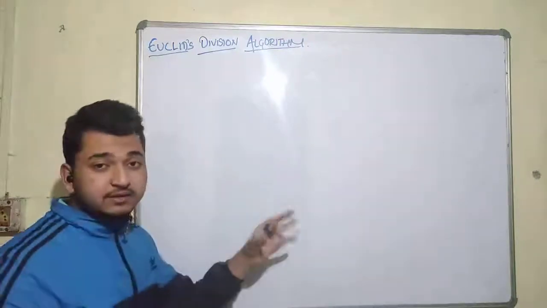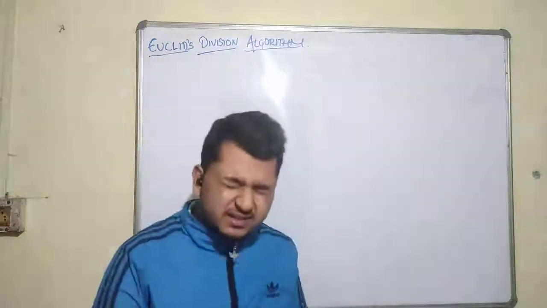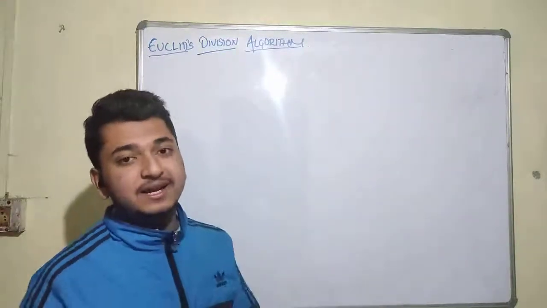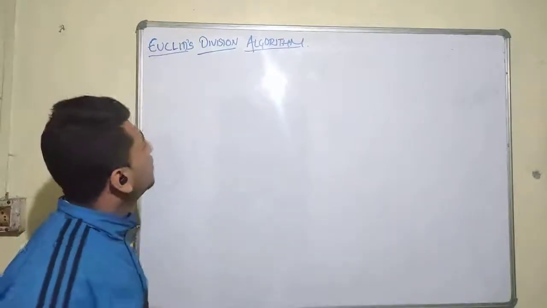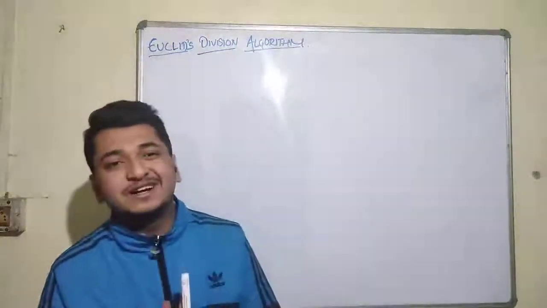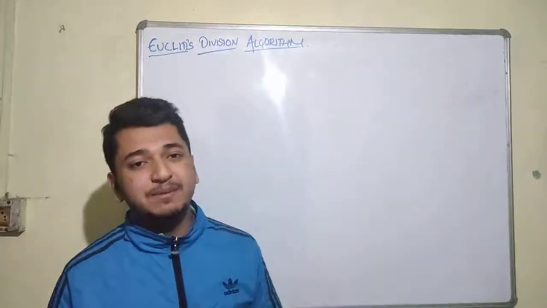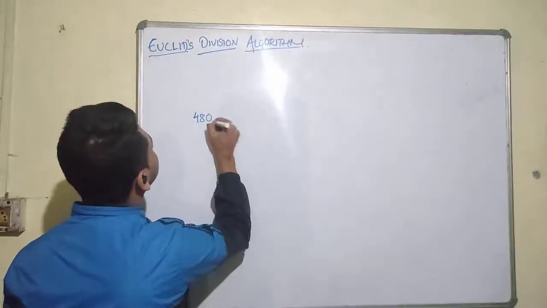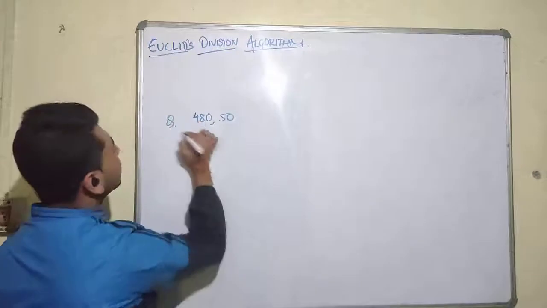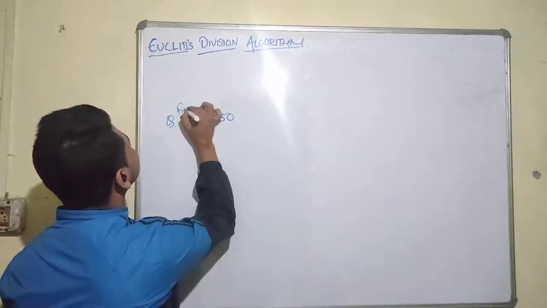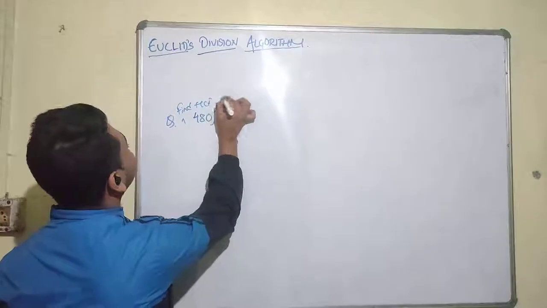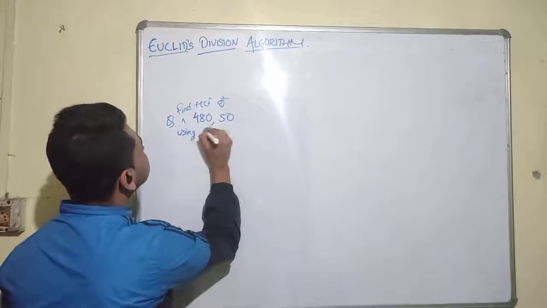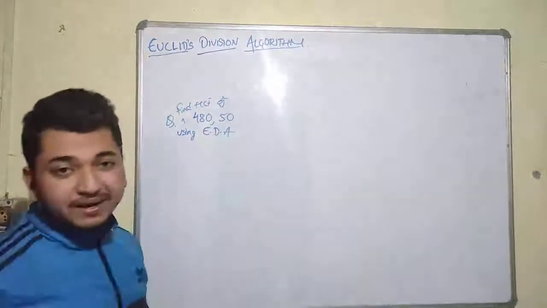So what is Euclid's division algorithm? It is the entire next method of finding HCF. We'll see how Euclid found it by applying it to a question. Find the HCF of 480 and 50 using Euclid's division algorithm, not by the prime factorization method.